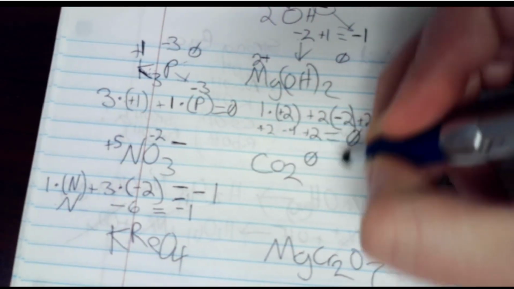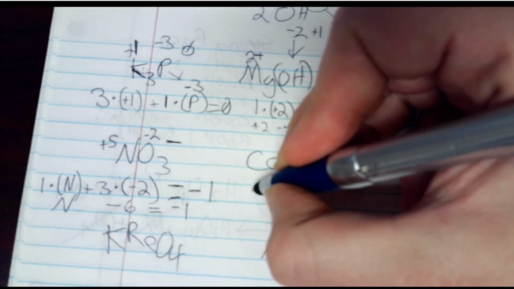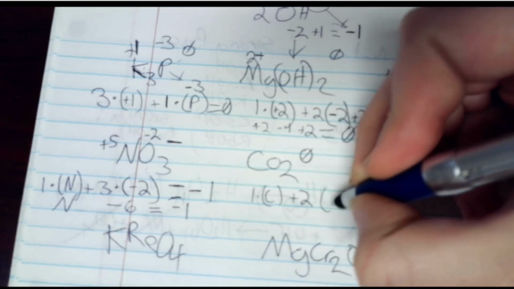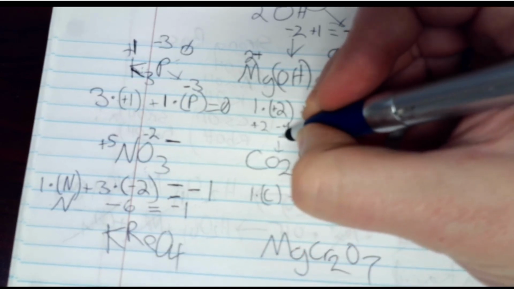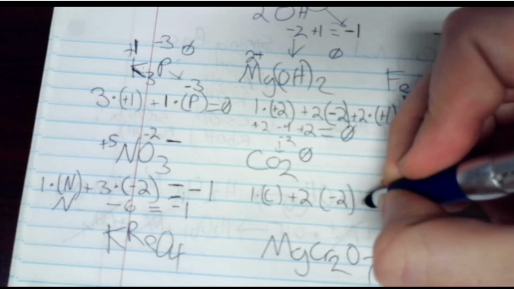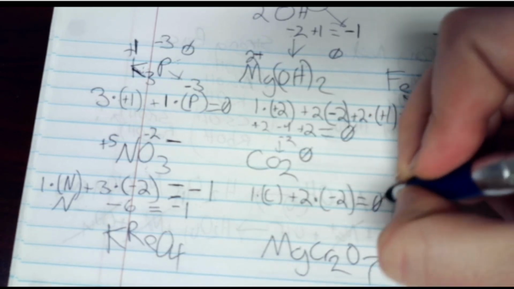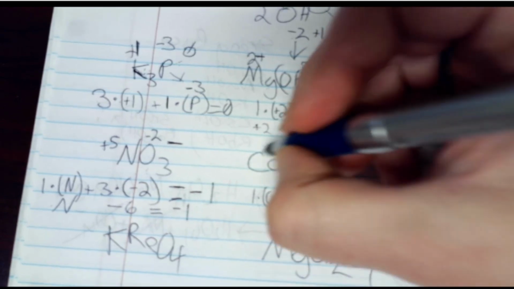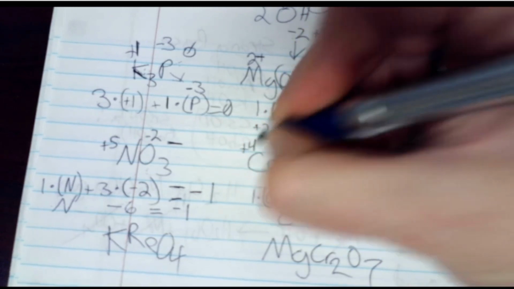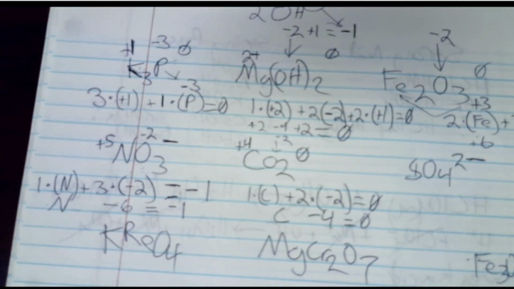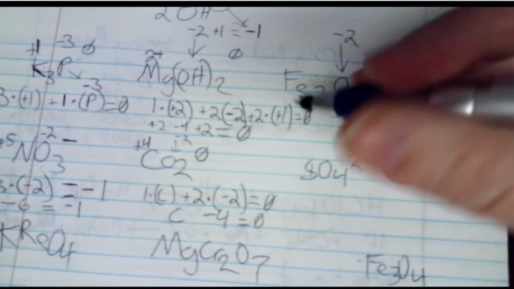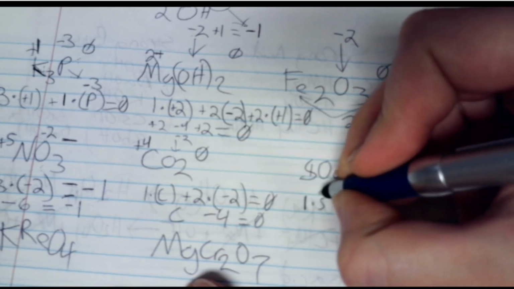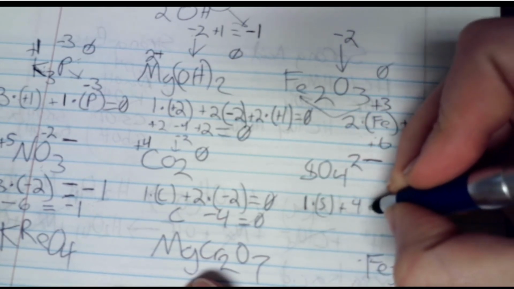So this one's back to being neutral. We have 1 carbon and 2 oxygens. Each oxygen, we're going to say it's -2. So -4 plus 1 carbon, so carbon has to be +4. So that's pretty straightforward. This guy, there's 1 sulfur and 4 oxygens.